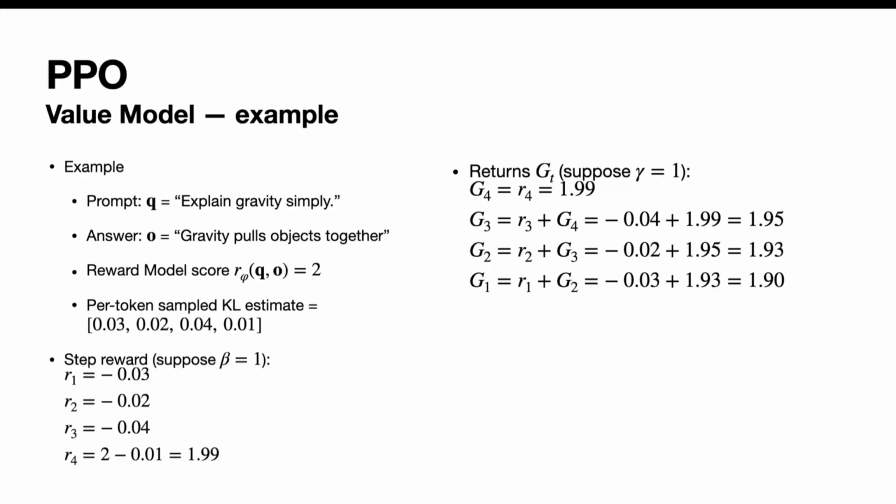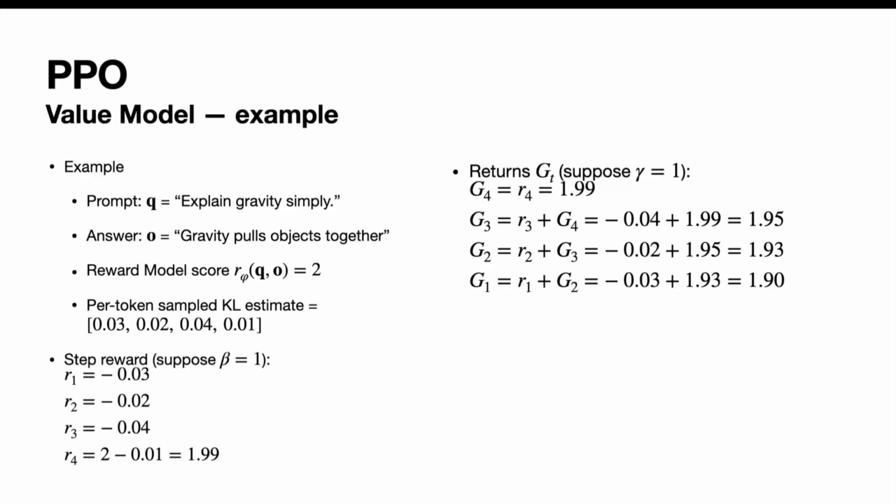First, G_4 equals r_4 equals 1.99. Then G_3 equals r_3 plus G_4 equals minus 0.04 plus 1.99, which equals 1.95.